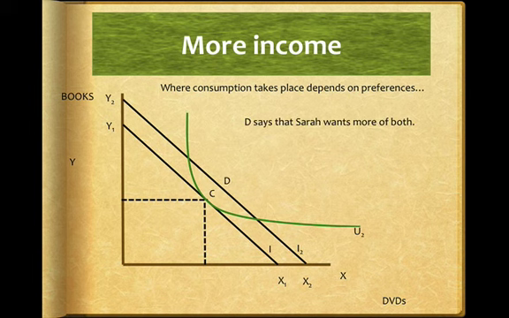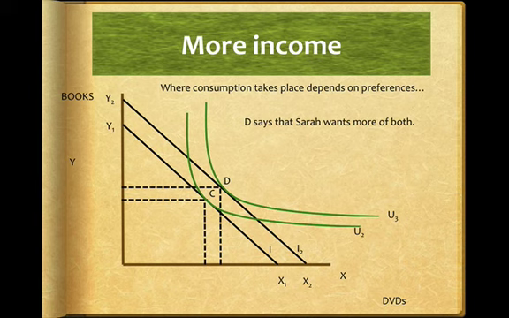Where it goes depends on what Sarah wants to do. Let's say that she wants more of both products. So she will move from position C to D to buy more books and more DVDs with a higher income. Her income has moved from I to I2. The prices of the books relative to DVDs haven't changed, that's why it's a parallel line. Okay, that comes in useful in a minute.